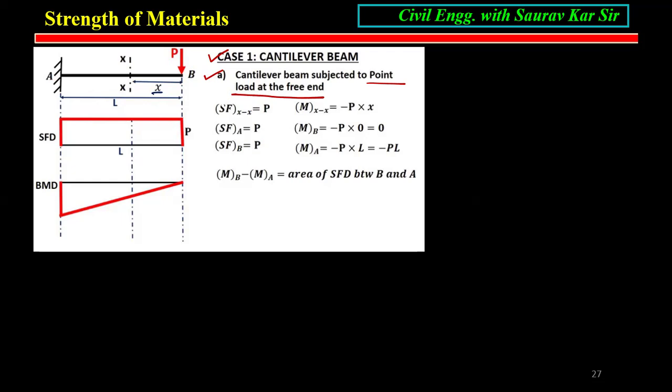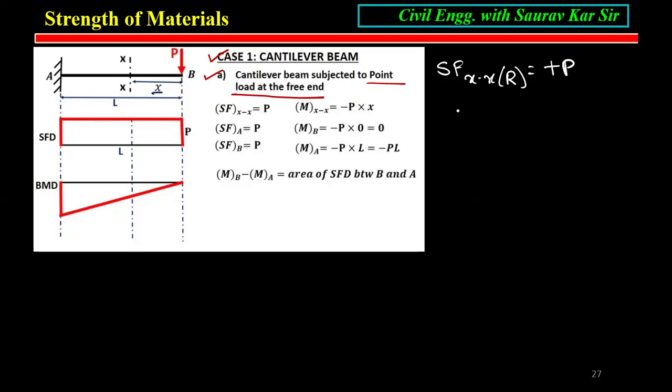If you check these steps also, to be more correct, you should write R for right. Shear force right is right side downward, plus P.